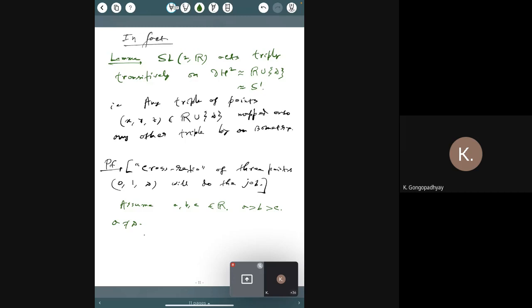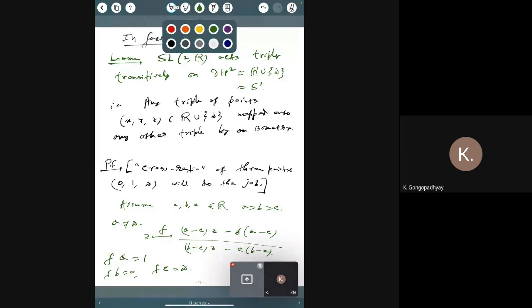Then you have a transformation of this form, which is (A minus C)(Z minus B) over (A minus C)(B minus C)... such that f of C equals infinity, and the other case is similar.